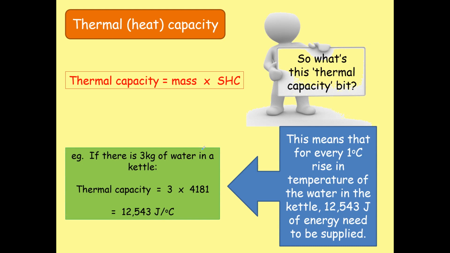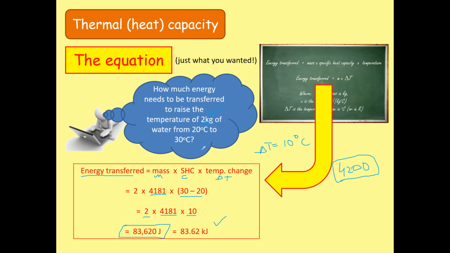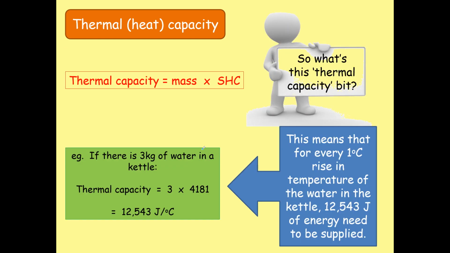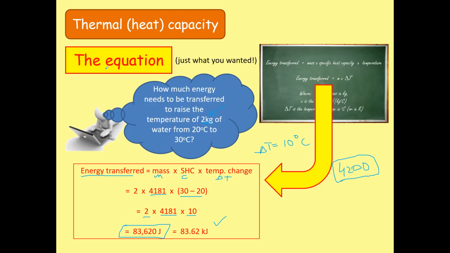So what is thermal capacity now? This was specific heat capacity and the energy associated with it. Now what is thermal capacity? It is the amount of energy that every 1 degree Celsius of temperature increase would require for a specific amount of mass. Do not confuse this thermal capacity with thermal energy.